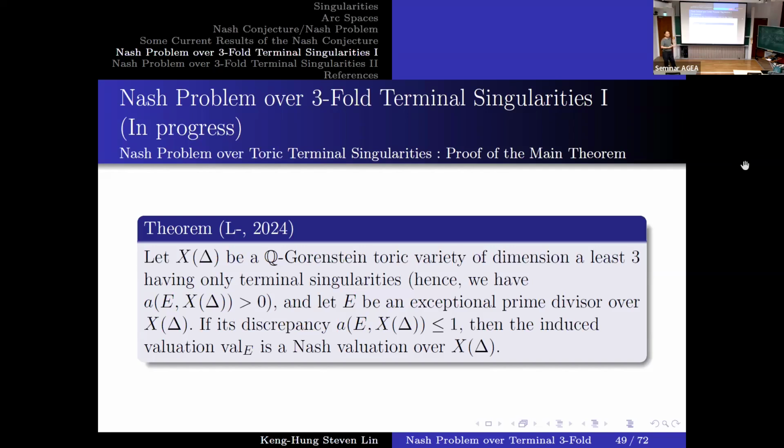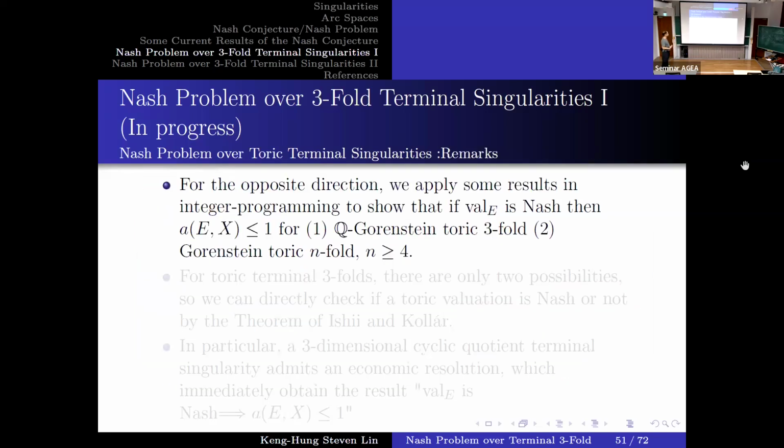So maybe you will ask, how about the opposite? For the opposite, we also have some result. We use some integer programming theorem to show that if your valuation is Nash, then the discrepancy will be bounded by 1 for Q-Gorenstein toric 3-folds, and Gorenstein toric n-folds for n greater or equal to 4.